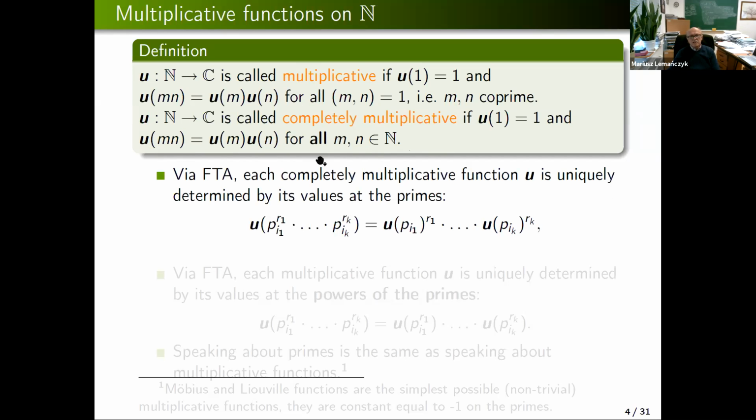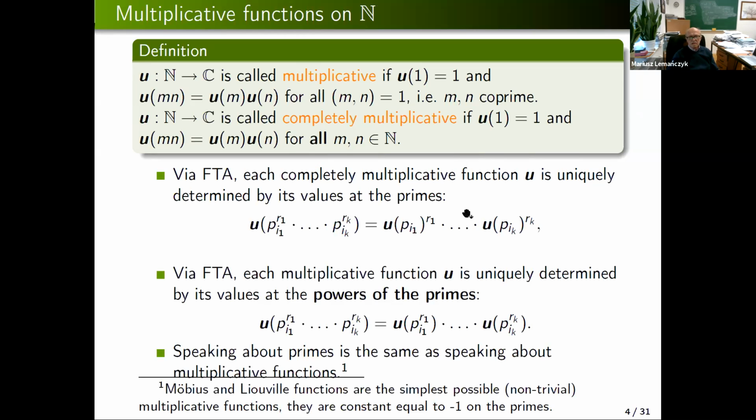So why are these definitions correct? If you think about completely multiplicative functions, they are uniquely determined by their values on the primes, right? If I know that my function is completely multiplicative, I take n represented as the product of primes, and then I just apply the basic property of being completely multiplicative.